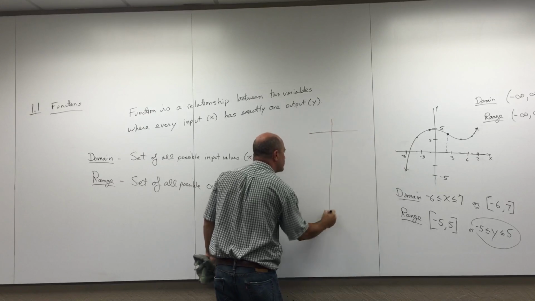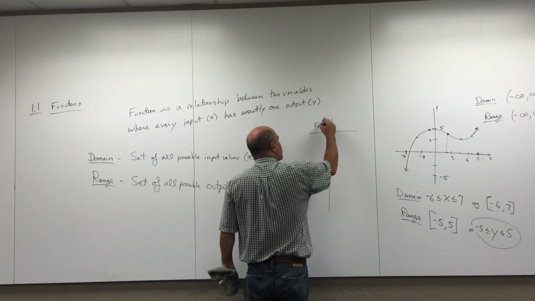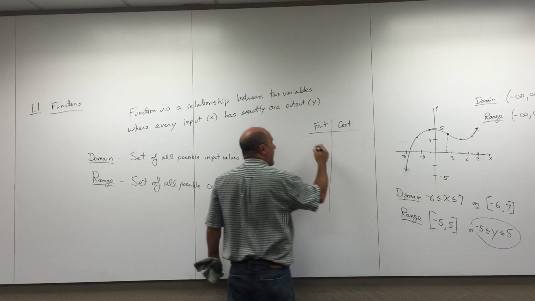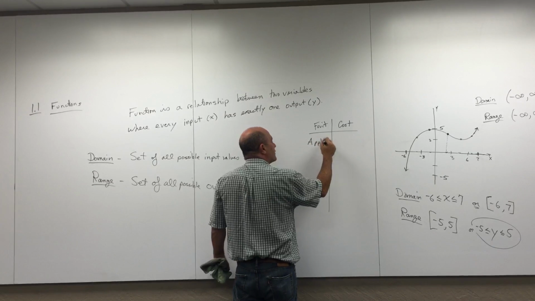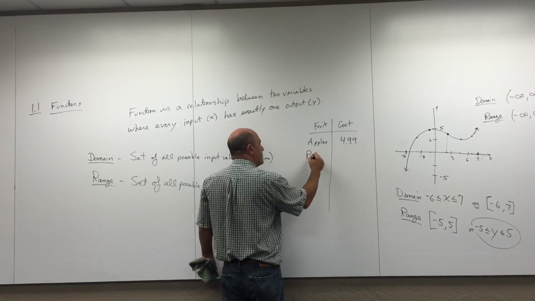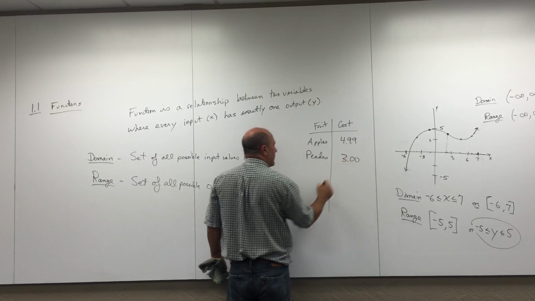Watch this. Here you go. Here's something. This is a function, or maybe it's not a function. I don't know. Apples. You go to the store. Apples cost $4.99. Peaches cost $3.